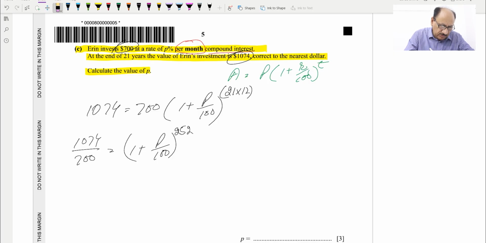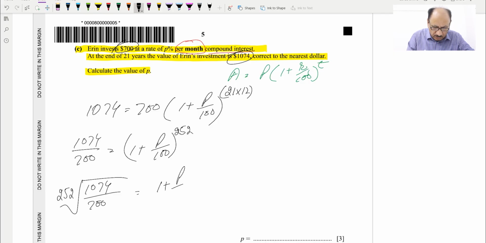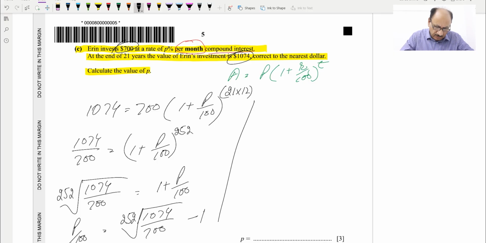Okay, so I will keep it on the other side so that you will not be confused, and we can take the 252nd root of 1074 over 700, and this will be equal to 1 plus P over 100. So we have shifted this part to the other side, and now we can shift 1 also to the other side, and this will be P over 100 equal to the 252nd root of 1074 over 700 minus 1, and then we will shift 100 also to the other side.